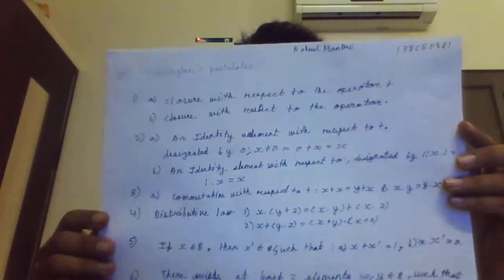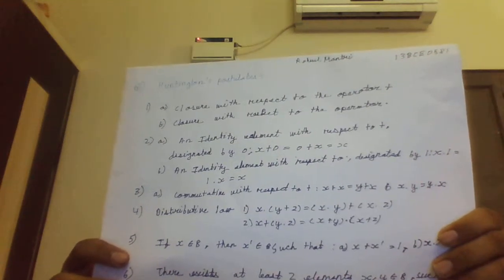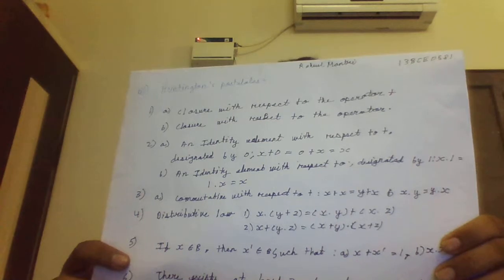For the formal definition of Boolean algebra, we shall employ the postulates given by E.V. Huntington in 1904. So these, as you can see, are the basic preliminary building stage of the Boolean algebra. Now, what the Huntington's postulate states is closure with respect to the operator plus and closure with respect to the operator dot product.